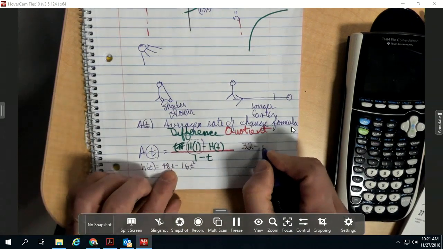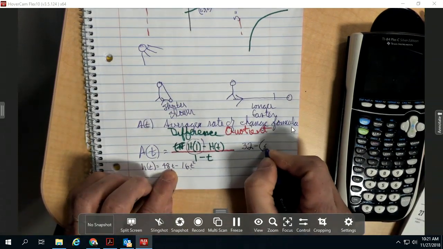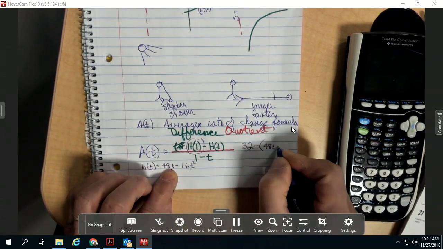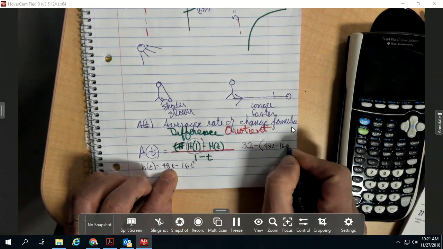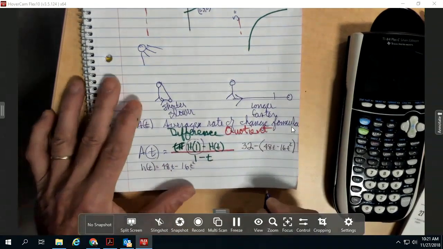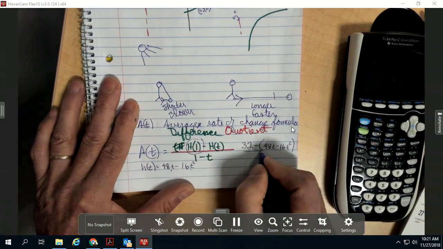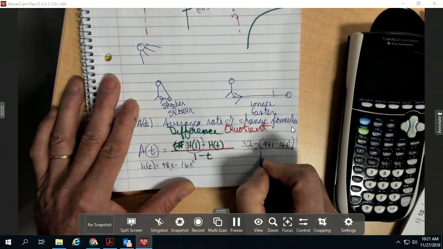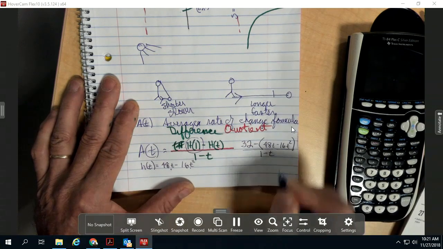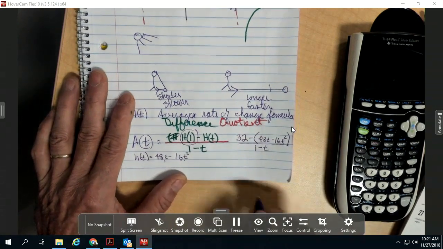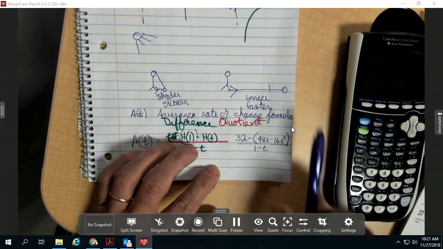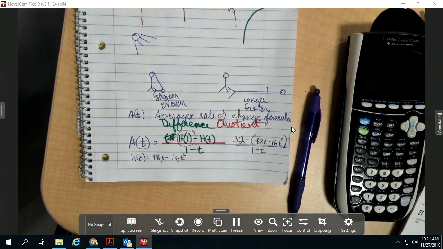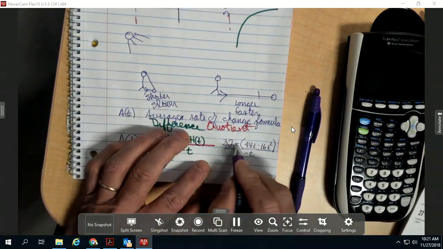Subtract h of t, or minus 48t minus 16t squared, divided by 1 minus t. Let's rearrange this function so that it looks right.